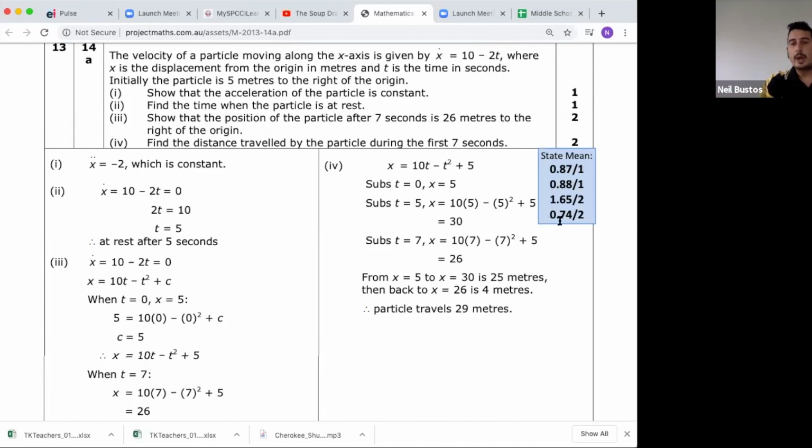And then this last one, the common mistake was that they didn't find out how much the ball had traveled and then come back. So be aware that a ball can travel, displacement is just from a certain point, so it can be further away from where it is.